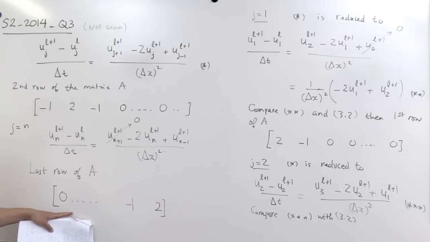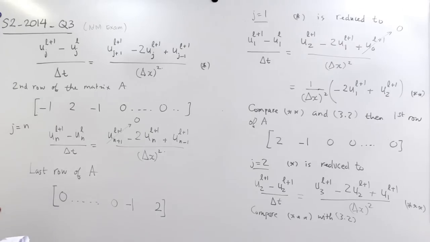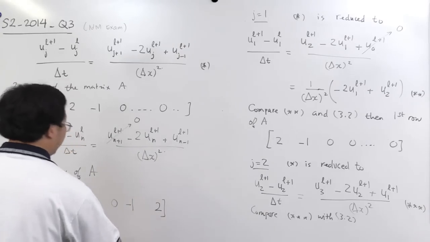So this is the last row of the matrix A. Before it, you just have a lot of zeros. So now, once you know the matrix A, you can answer the next question.